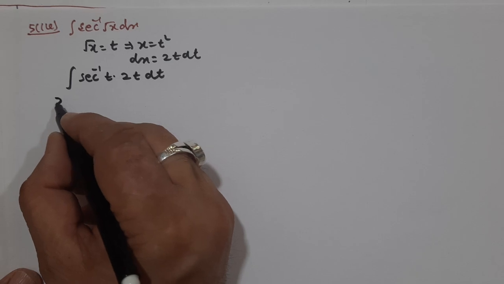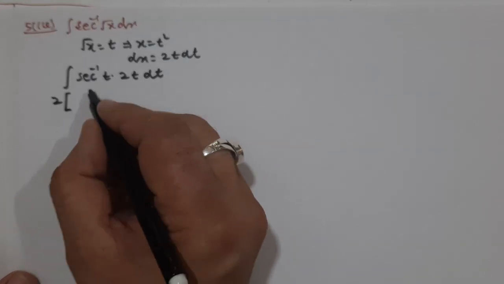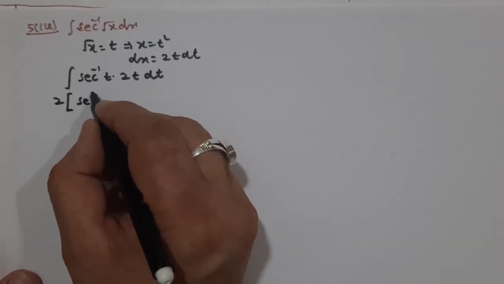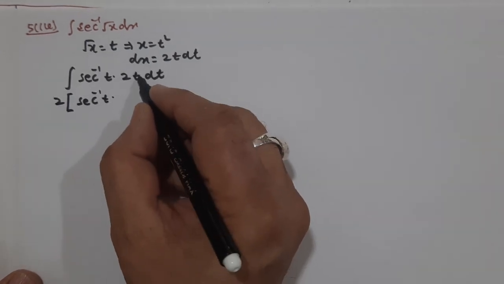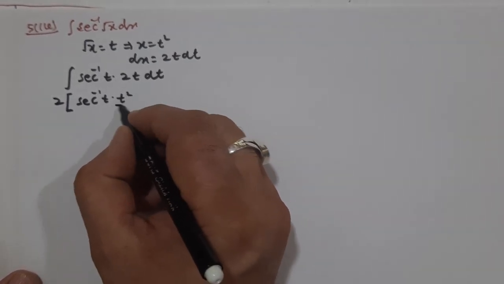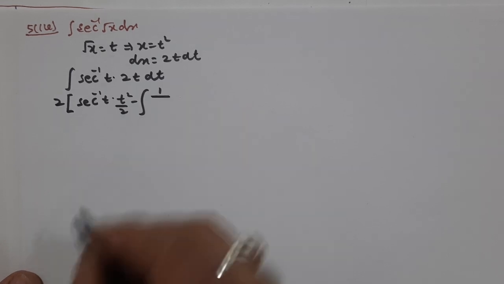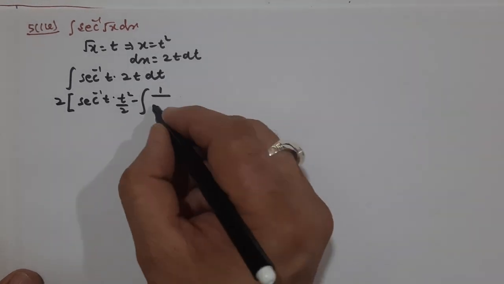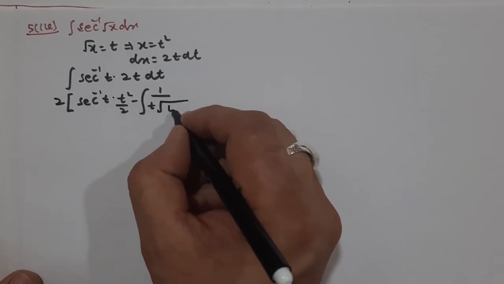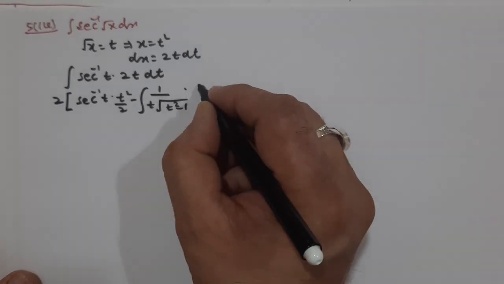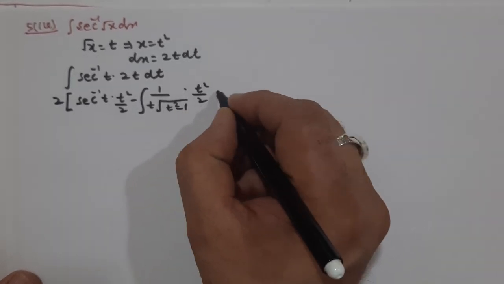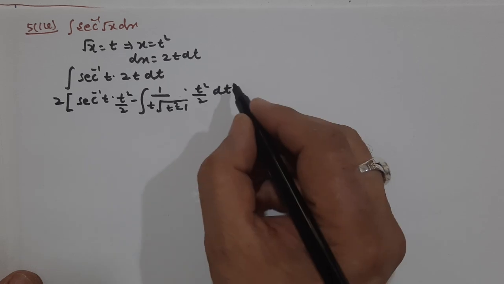So keeping 2 outside, now integrating, secant inverse t is the first function, and integral of t is t square upon 2, minus derivative of first, 1 upon t under root t square minus 1, into integral of second, t square upon 2 dt.